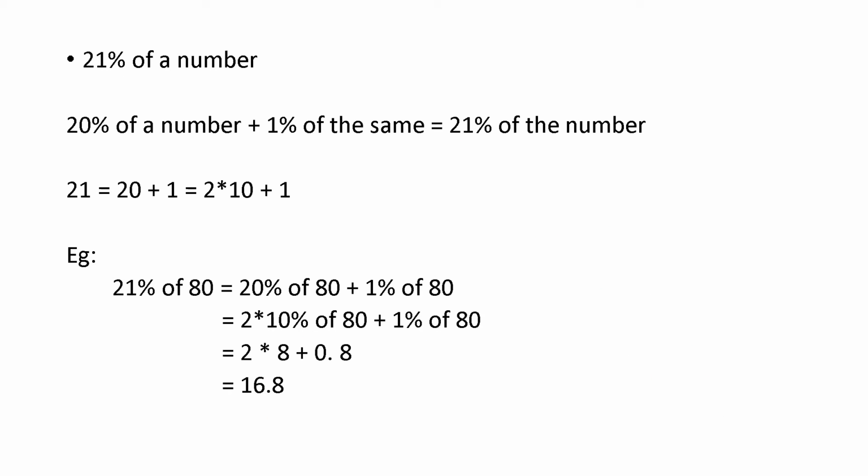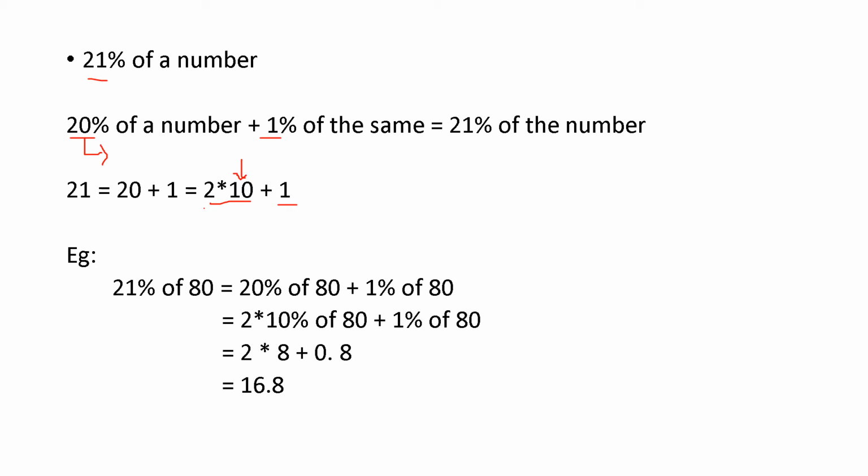Another example, 21 percentage of a number. 21 means 20 plus 1. Okay. So 20. What is 20? 2 into 10. Right? 2 into 10 is 20. So we know the shortcut to find the value of 10 percentage of a number. Into 2, you will get 20 percentage and then 1 percentage. Okay.